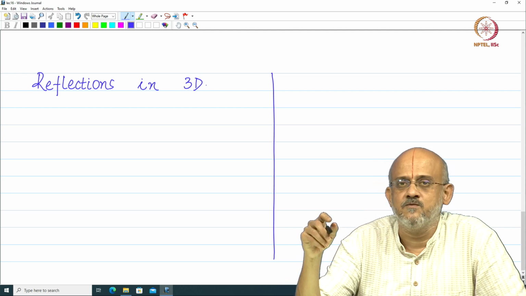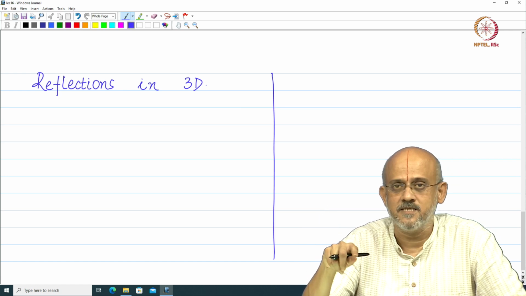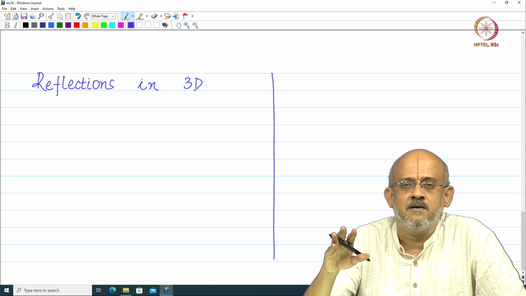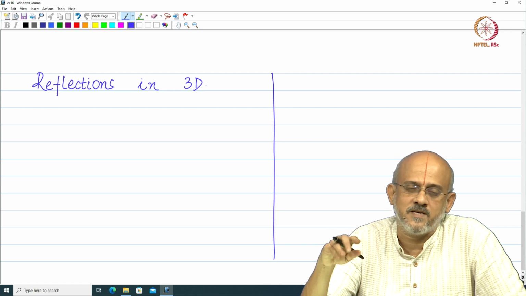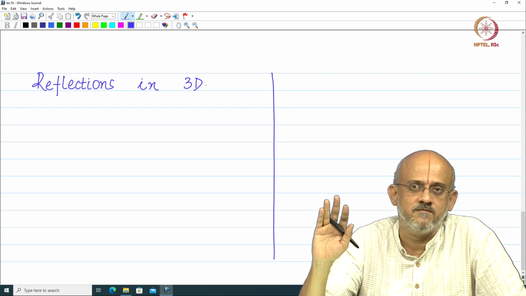It is interesting to recall that when we did reflection in 2 dimensions, we looked at reflection about a line passing through the origin in the direction of some vector u given by u1, u2, right.